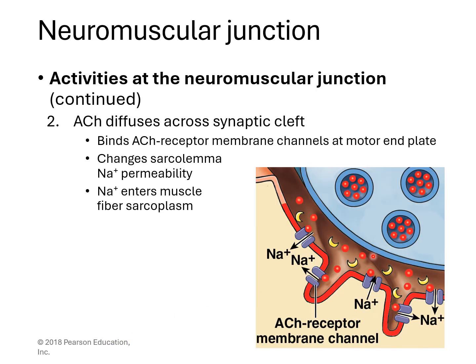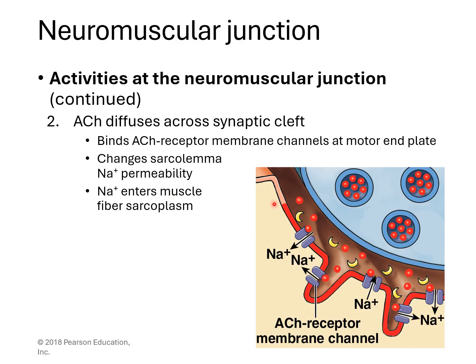Then once acetylcholine is in the synaptic cleft, it's going to diffuse and it's going to bind to the receptors. The receptors, once it's bound, are going to change the potential and the sarcolemma, which is down here, and sodium is then going to enter into the sarcoplasm.